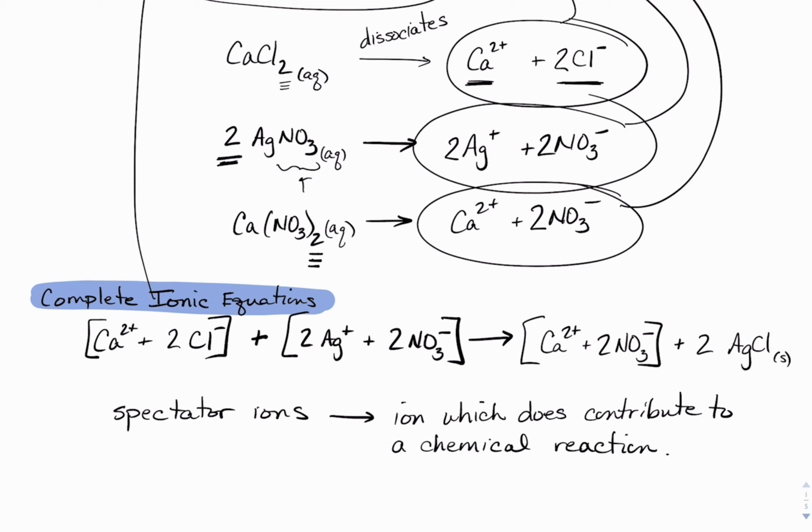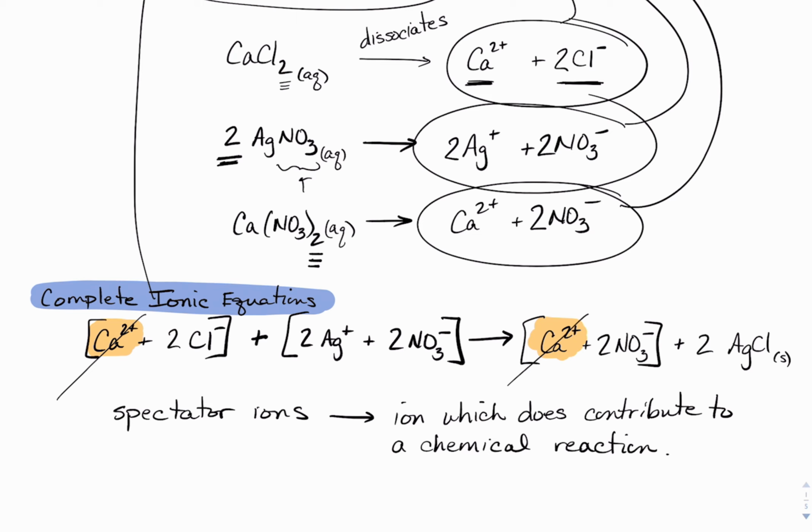And so it looks like here we have calcium 2 plus. Is there an actual calcium 2 plus written exactly like that on the right hand side? And it turns out there is. Since they are written exactly the same, we consider those spectator ions, and we can pull those from the chemical reaction, and we can just go and cut them out.